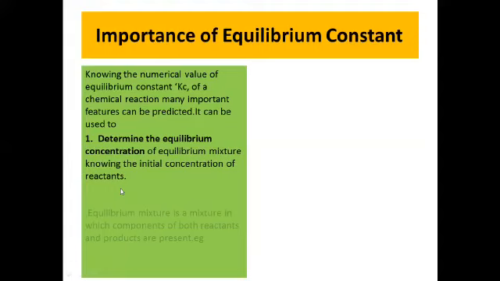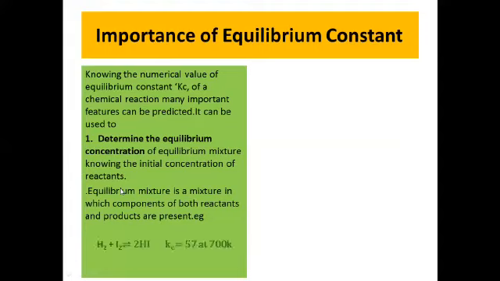If we know the initial concentration, then we will be able to find out the concentration of the other reactants and the products as well, because, as I told you before, the equilibrium mixture contains all the reactants and all the products. So if we know the concentration of reactants, we can find out the concentration of the products as well.